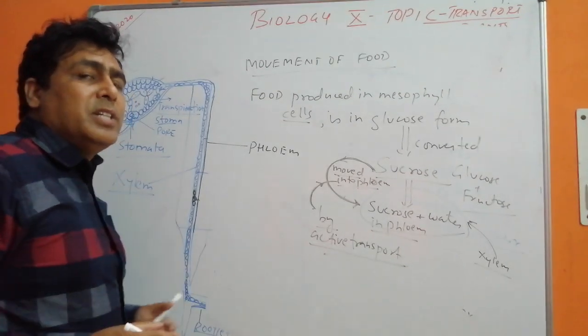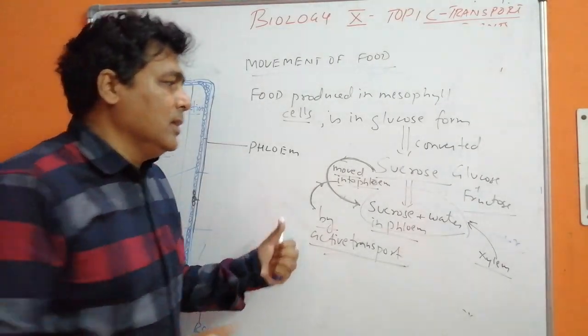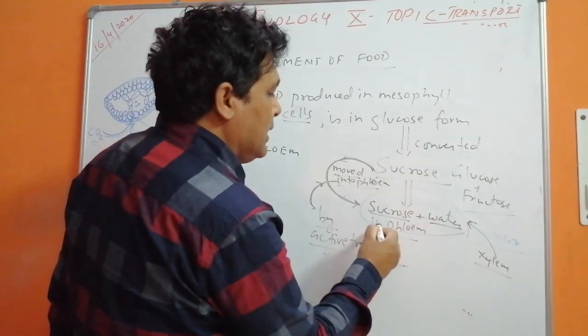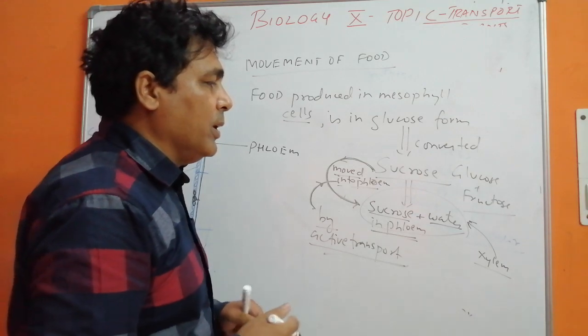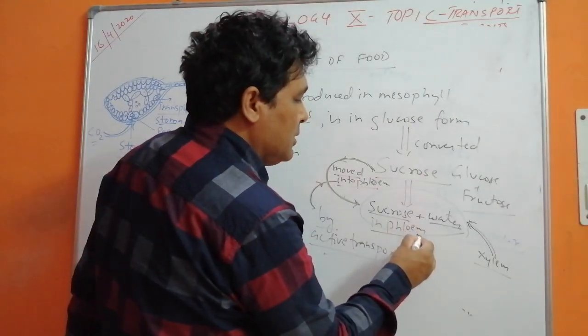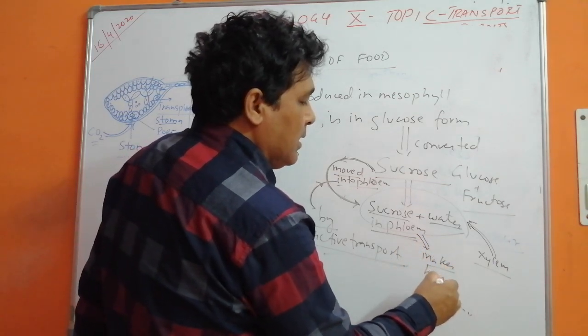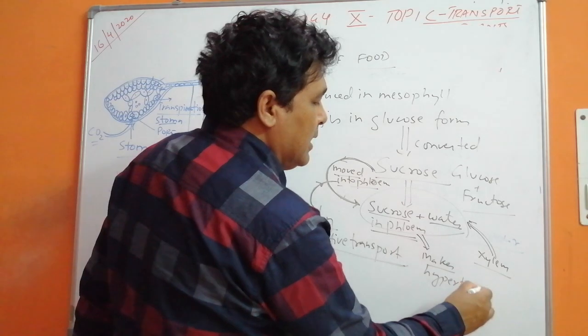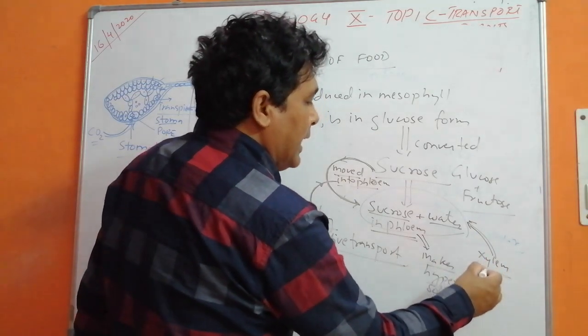Active means when energy is used for the movement of the substances. Now sucrose plus water in phloem is then formed. Now how does the water come? The water comes because sucrose makes a hypertonic solution, so more water. Xylem supplies water.